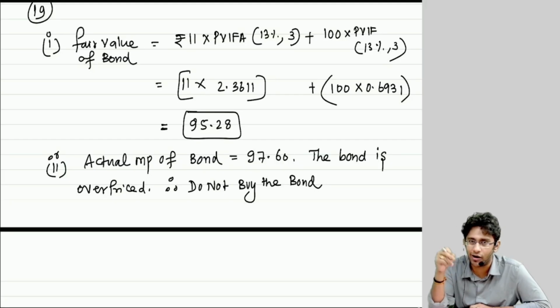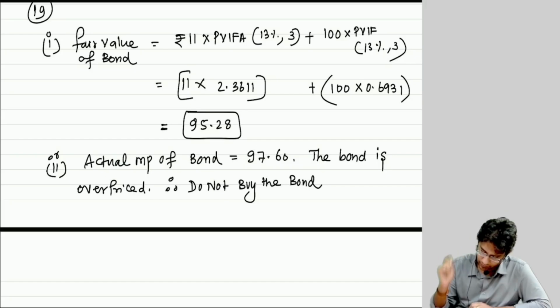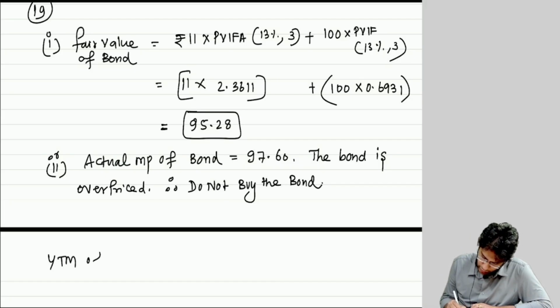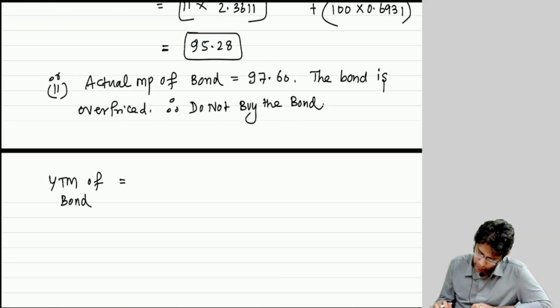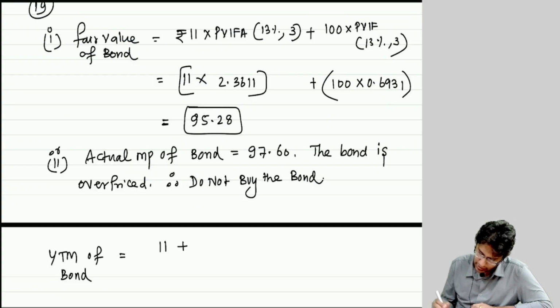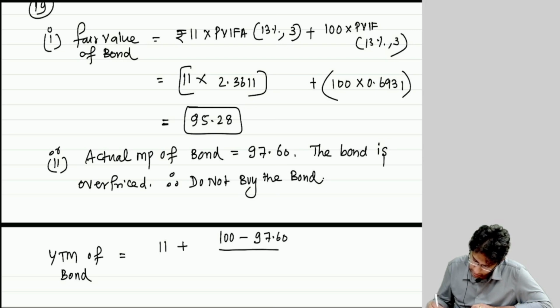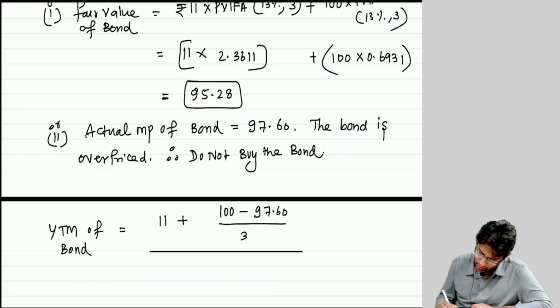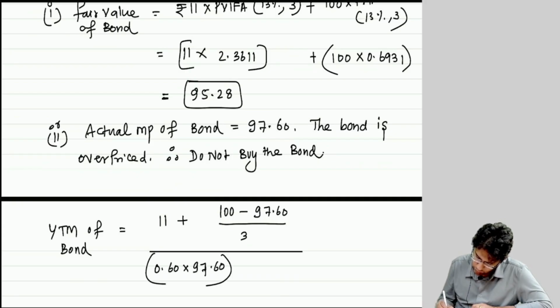He is not asking for the decision, he is asking for the YTM. The YTM of the bond, the approximate weighting formula is enough: coupon amount, 11, plus maturity value 100 minus 97.6, divided by 3 years, divided by 0.6 into spot price 97.60 plus 0.40 into 100.